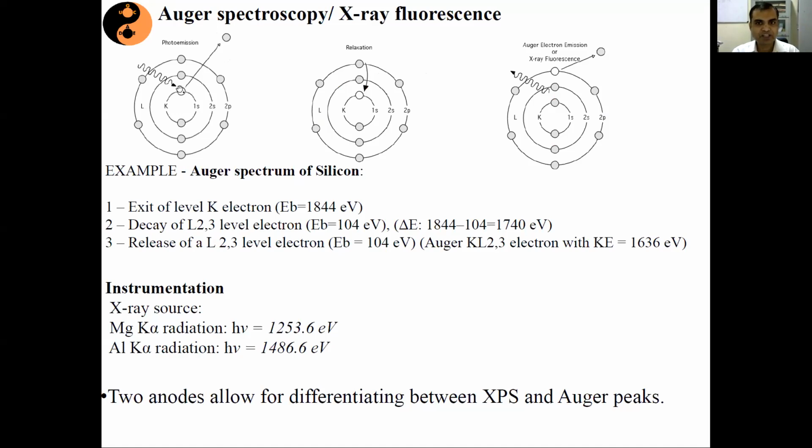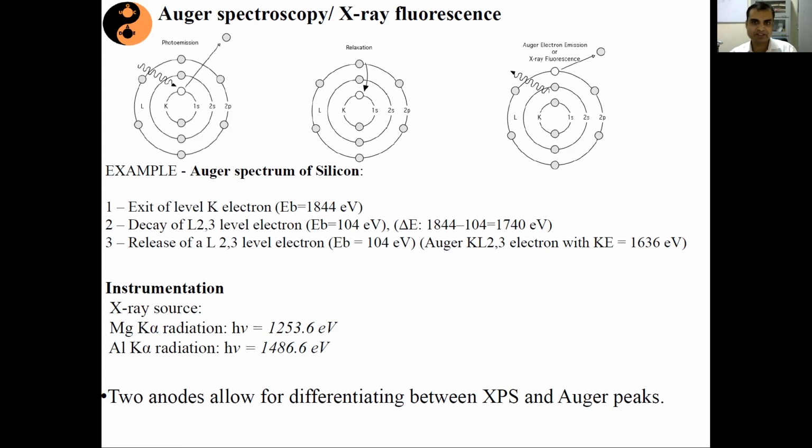That hole is occupied by an electron from a higher orbit. When that electron from the higher orbit comes to occupy the hole, it can radiate a photon, because whenever there is an electron transition from a higher energy state to a lower energy state, it will emit a photon. That is one possibility.